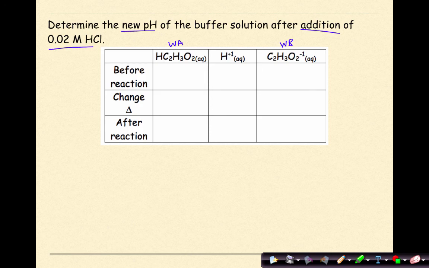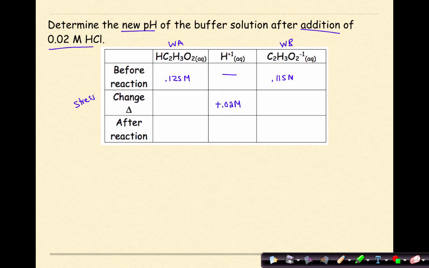We know based on our prior information that our initial concentration of our weak acid is 0.125 molar and the initial concentration of our weak base is 0.115 molar, and we don't have any strong acid added. The stress on our system is the addition of this strong acid in the form of these hydrogen ions, which would be plus 0.02 molar.